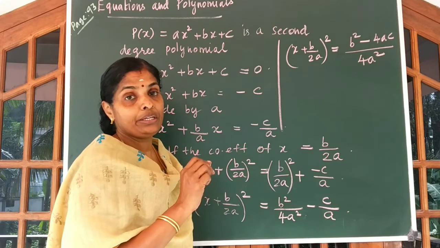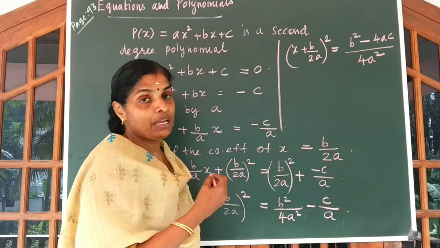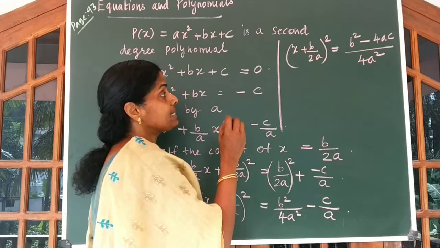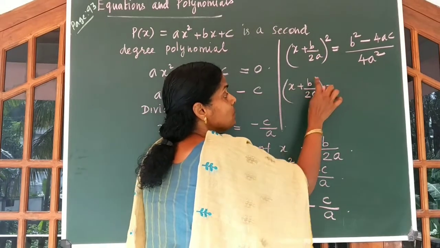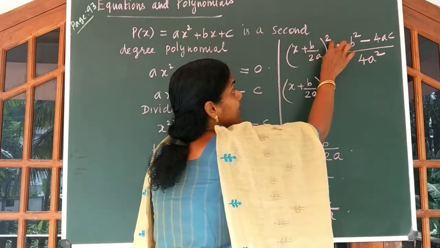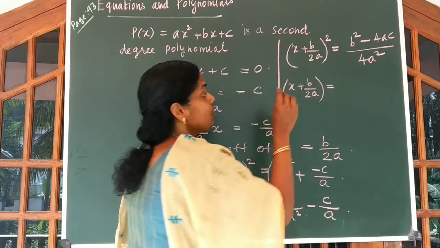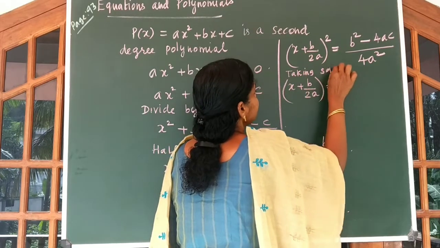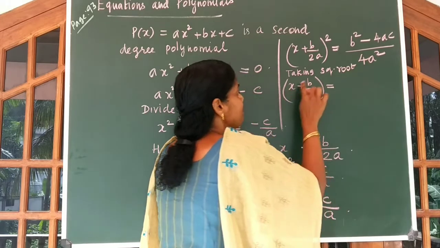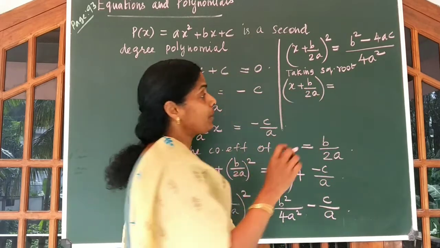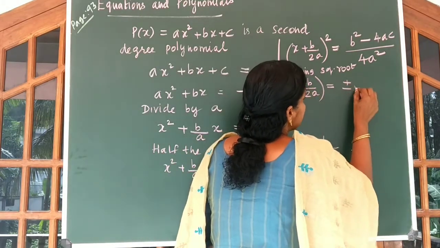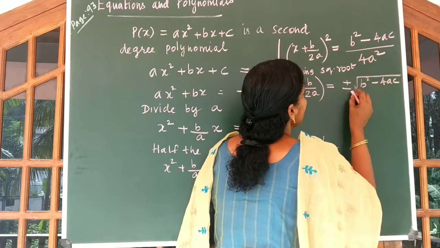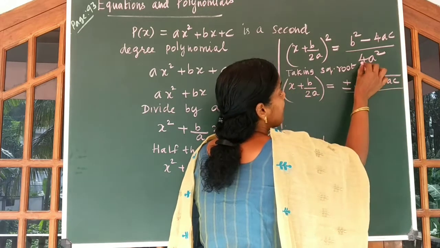Now what we are going to do, as we did previously, we are going to take the square root on both sides. When you take the square root, the square term will go off. So taking the square root, you get x plus b by 2a is equal to plus or minus root of b square minus 4ac whole thing divided by 2a.